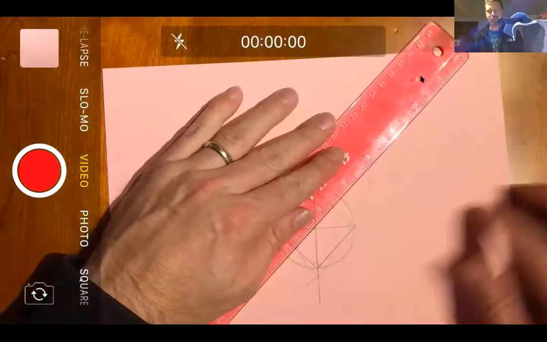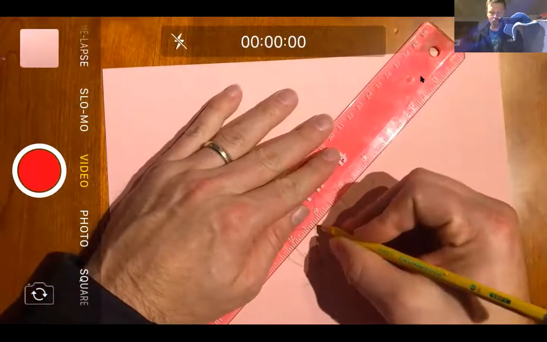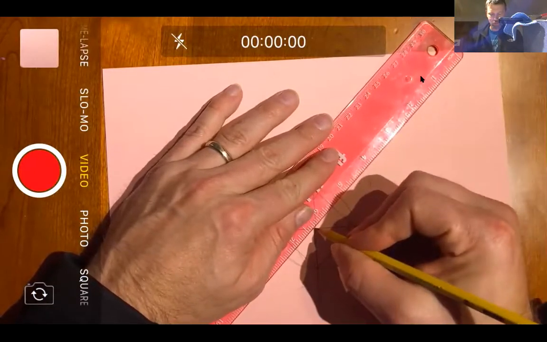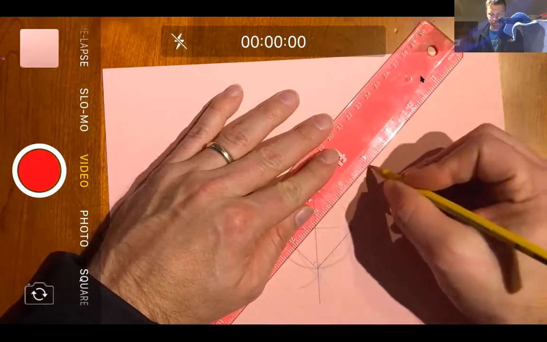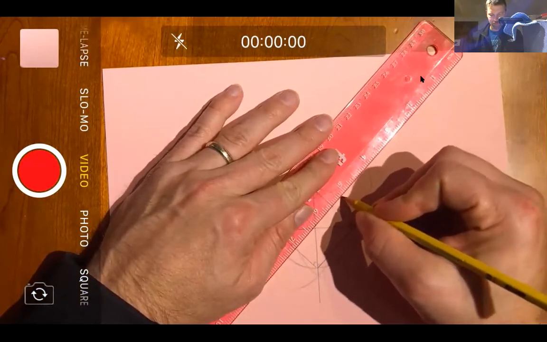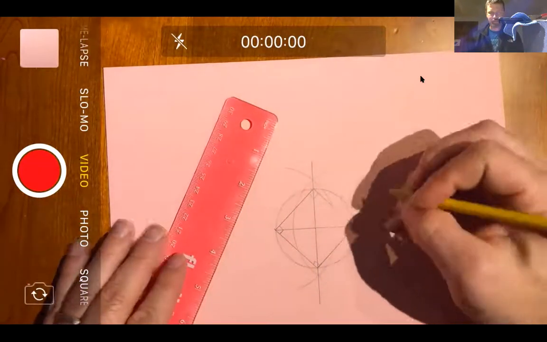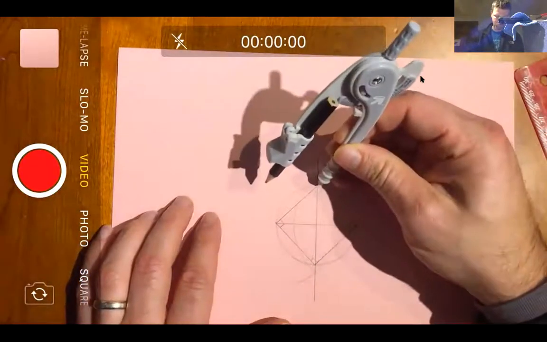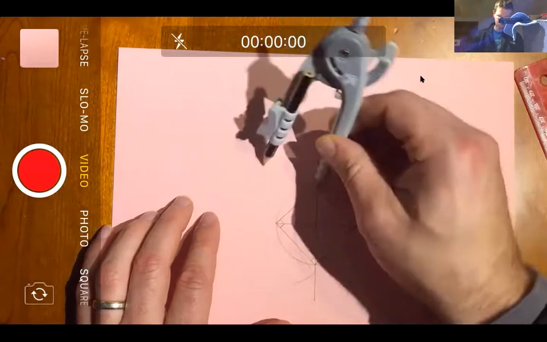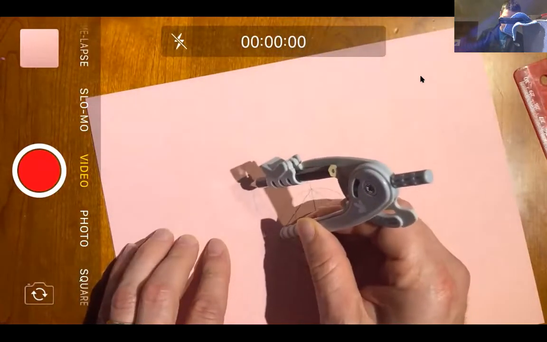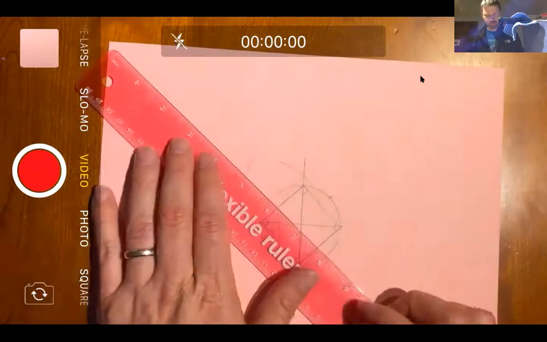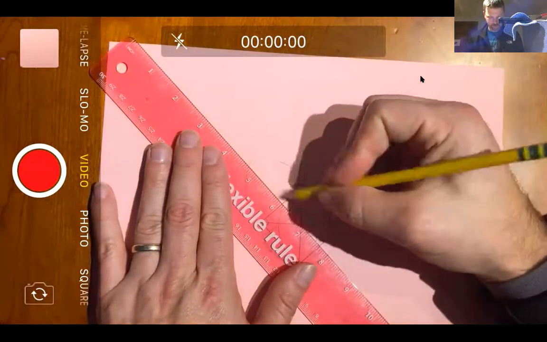It's going to cut that angle exactly in half. If I draw this whole line, it would be the angle bisector. I really don't need the whole line. I just need to know where that angle bisector is going to intersect my circle. It's going to intersect right there. I can do the same thing on this side. Slash mark, slash mark. Cuts my angle in half. Right there.